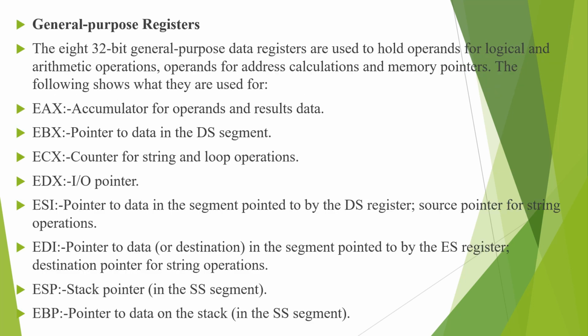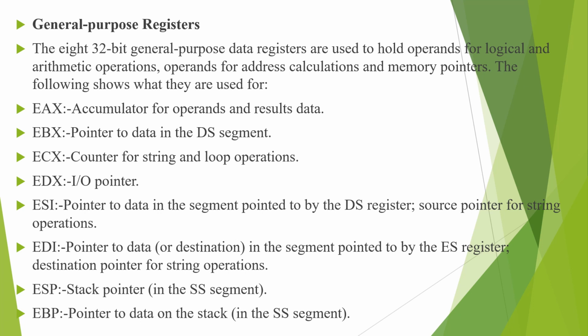General purpose registers of the Pentium. There are 8 32-bit general purpose registers that hold the operands for logical and arithmetic operations, operands for address calculation and memory pointers. Their names and roles are as follows.